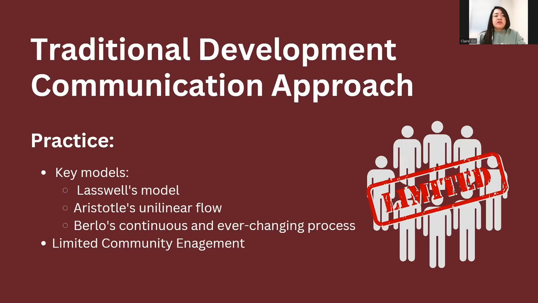Now, let's shift our focus to the practical side of the traditional development communication approach. We'll start by examining key models that have shaped this approach. These include, first, Lasswell's model, a classic representation of unilinear communication. Second is Aristotle's unilinear flow, reflecting a linear progression from the speaker to the audience.